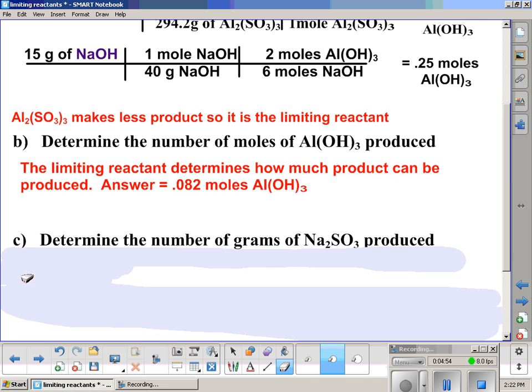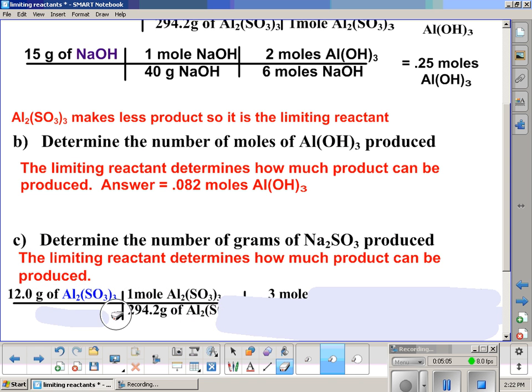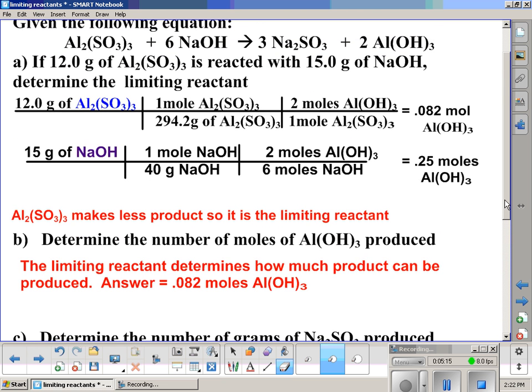Okay, so that's as simple as 12 grams of aluminum sulfate, conversion to moles. So now we have moles of aluminum sulfate, our mole to mole ratio. We have 3 moles of sodium sulfate for every 1 mole of aluminum sulfate.